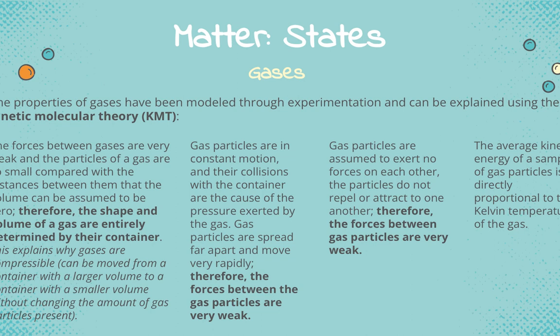As the temperature goes up, more kinetic energy is added and gas particles move faster, whereas as the temperature goes down, there is less kinetic energy and gas particles move slower. But in comparison to the other states of matter, solids and liquids, gas particles have more kinetic energy and are faster due to the amount of their kinetic energy.